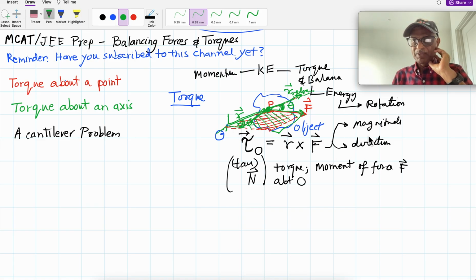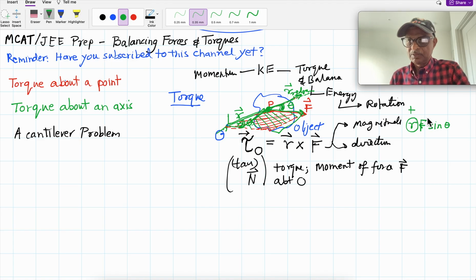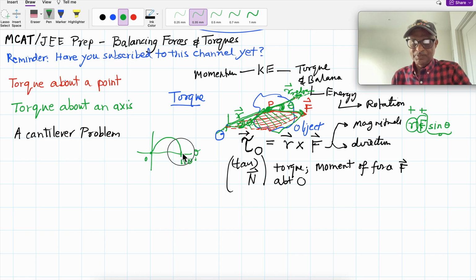So this is going to be R F sine theta. This is the magnitude of R, which is positive, and this is the magnitude of F, which is positive. And so you have a sine theta. Depending on which way this angle is, this angle can be between 0 and 180 degrees. It's all positive here, right?